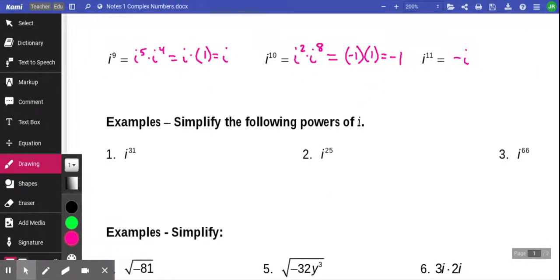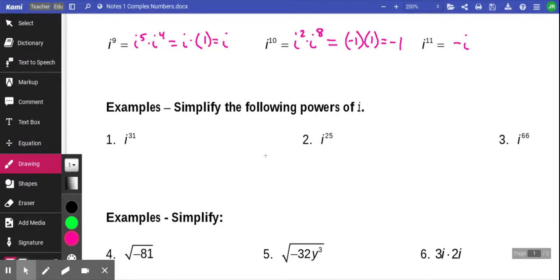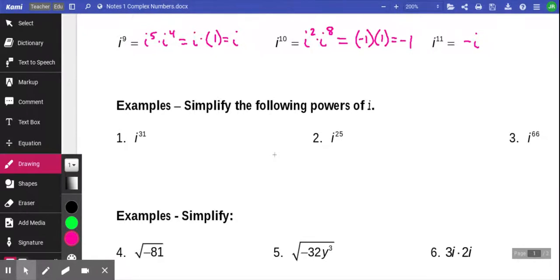But here is the other way. This is kind of using some modular arithmetic ideas, if you ever get to study modular arithmetic. So we have this exponent of 31. We know that there are 4 possibilities for what it could simplify down to be.